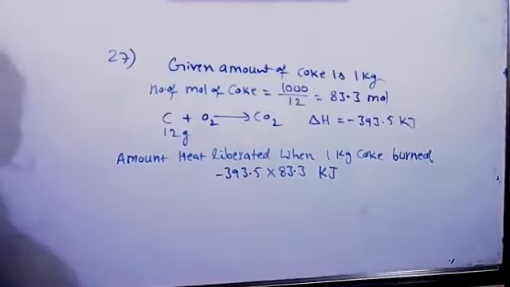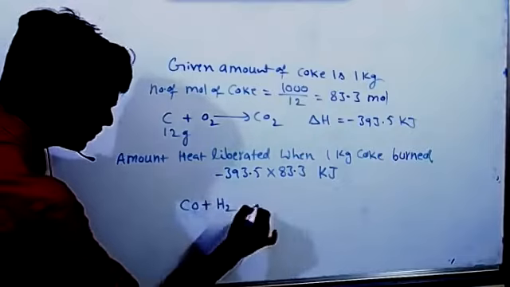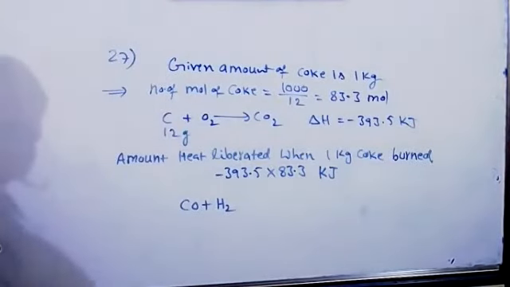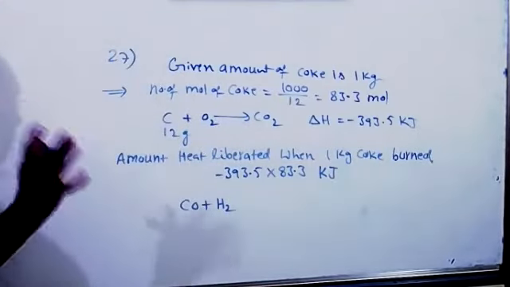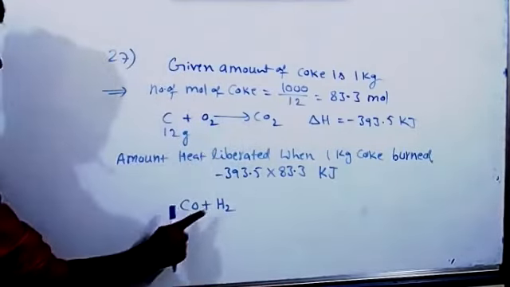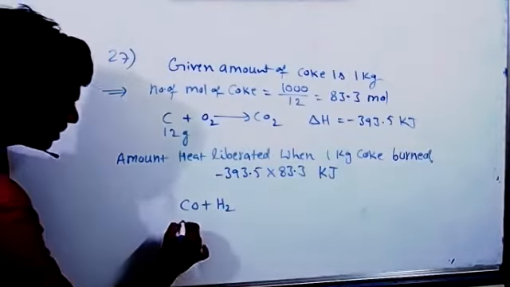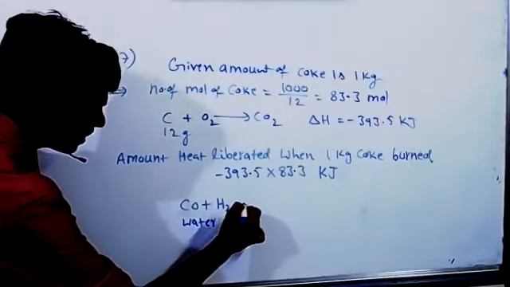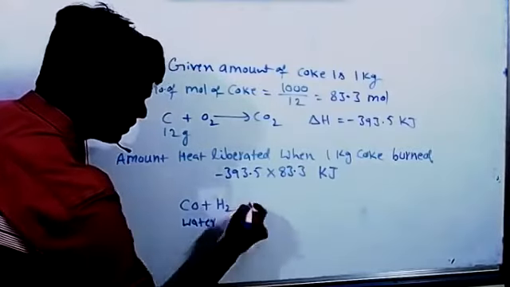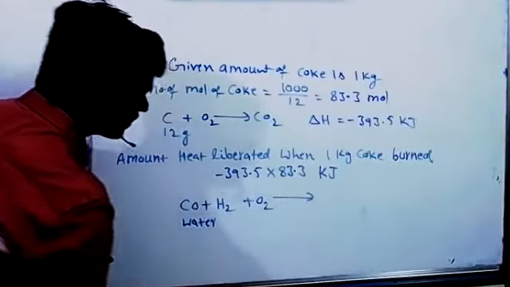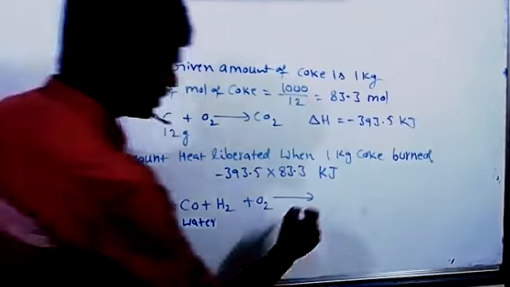Now water gas formula is CO plus H2. To get this water gas, we are using 1 kilogram of coke. If we use this much coke, CO plus H2, water gas, is produced. Take only one more, later multiply with the same value, 83.3. And combustion gives CO2 and H2O.